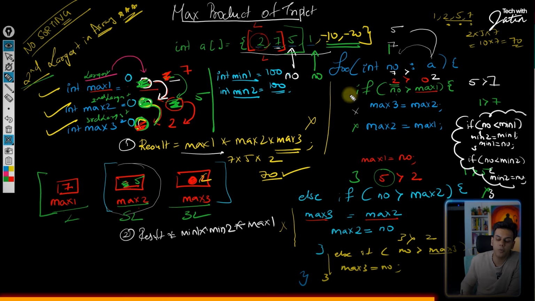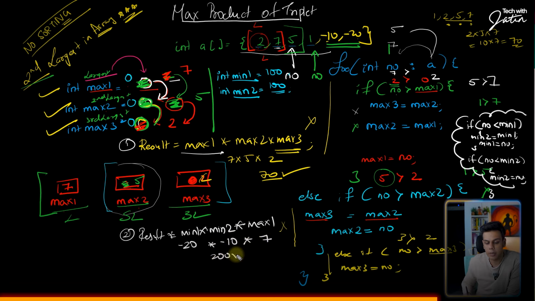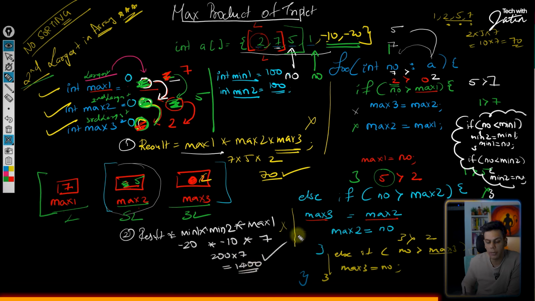So when this loop is executed, minus 20 is going to be your minimum 1, minimum 2 is going to be minus 10, and the maximum that we know is 7. So 200 into 7, the answer is going to be 1400. That's the reason we need to have minimum 1 and minimum 2 also.